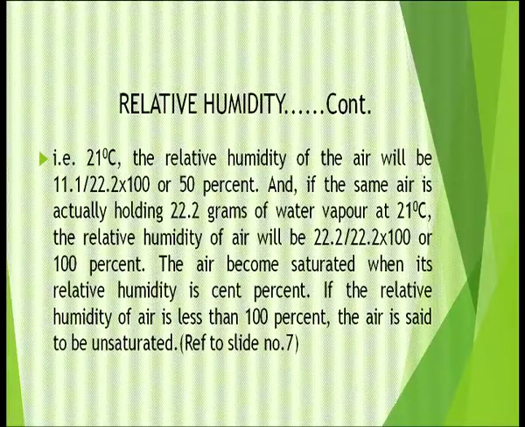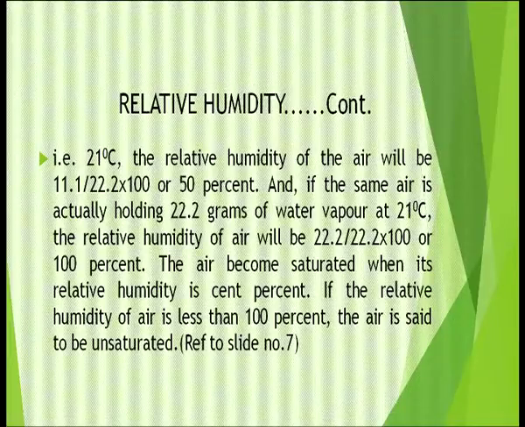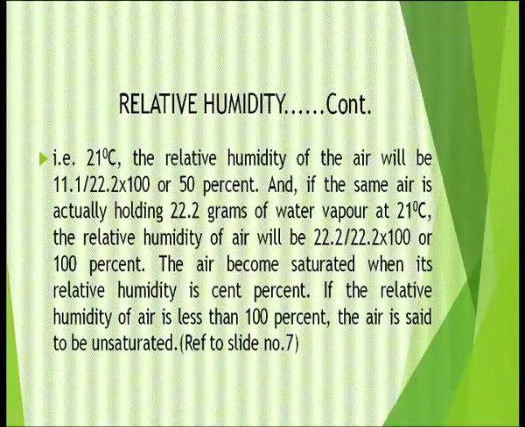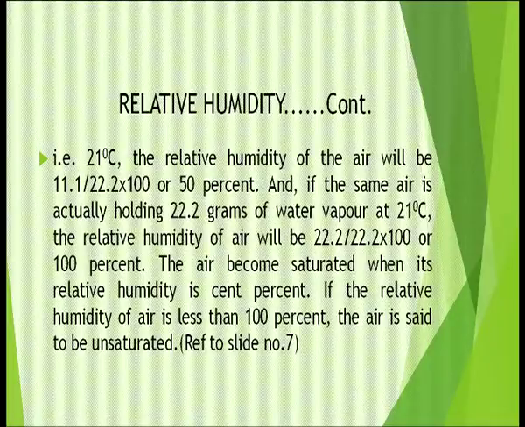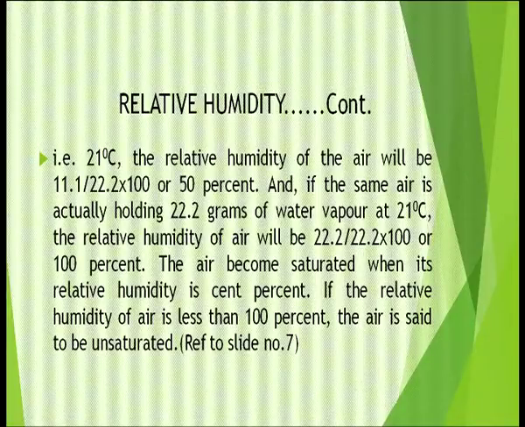And if the same air is actually holding 22.2 grams of water vapor at 21 degrees Celsius, the relative humidity of air will be 22.2 by 22.2 into 100, or 100%. The air becomes saturated when its relative humidity is 100%. If the relative humidity of air is less than 100%, the air is said to be unsaturated.